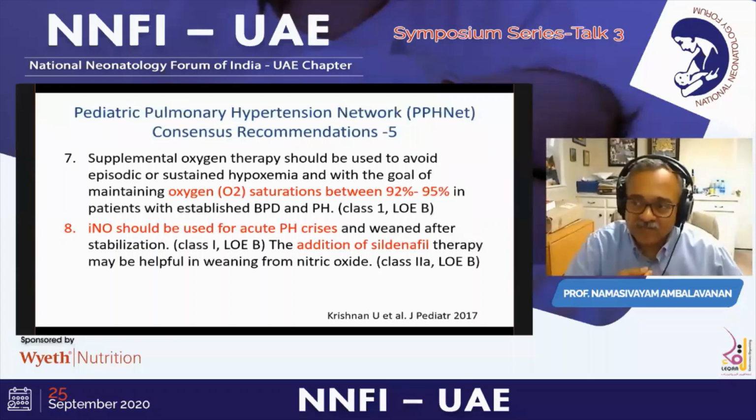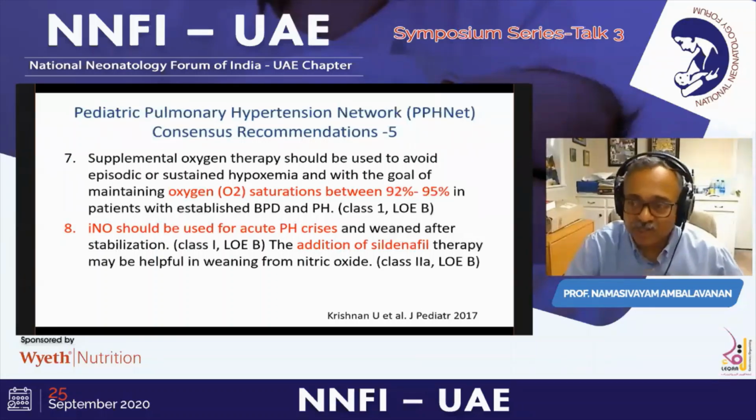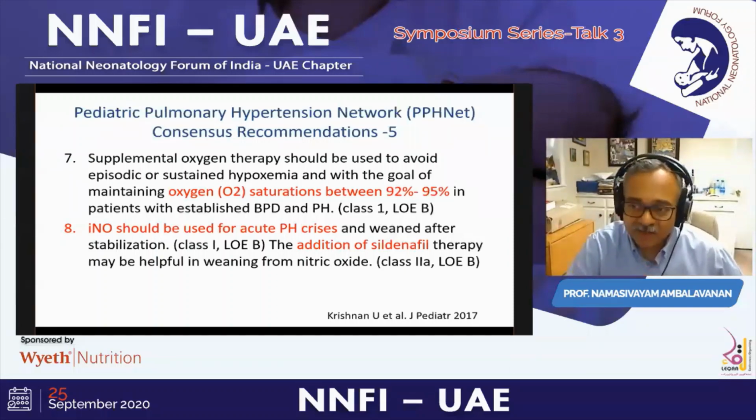So we set the alarm limits at 91 to 97. Your target range is one less than what the limits are, because you don't want the alarms to be going off all the time. So if you set the alarm limits between 91 and 97, you're basically targeting 92 to 95 or 92 to 96%.